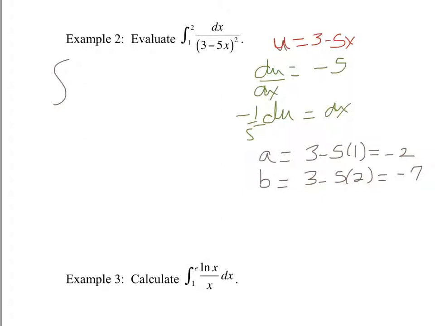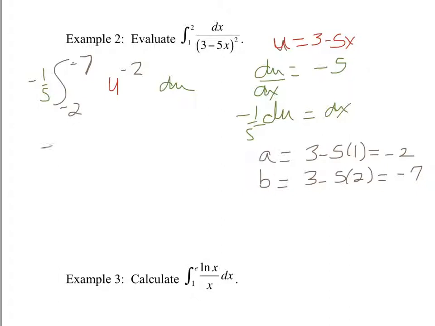So I'm going to go integral from -2 to -7. And then I know that this is u to the -2. Then I need to replace the dx, and I know dx equals -1/5 du. So I have replaced everything in it.